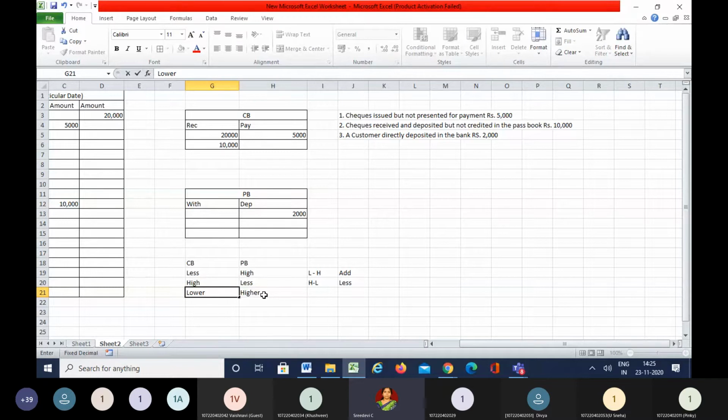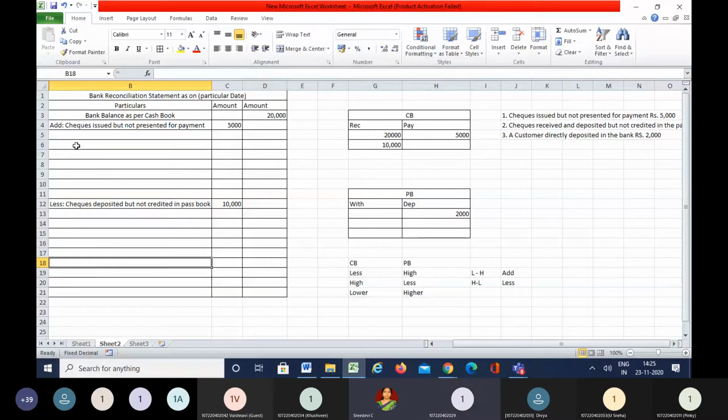So what are you going to do? Lower to the higher, you should always add. Come to this and write it as direct deposit by customer in bank. That's it. So the amount over here is 2000.